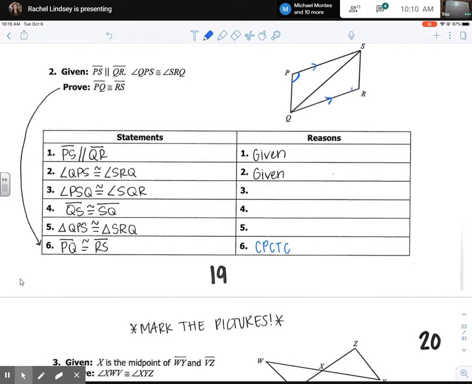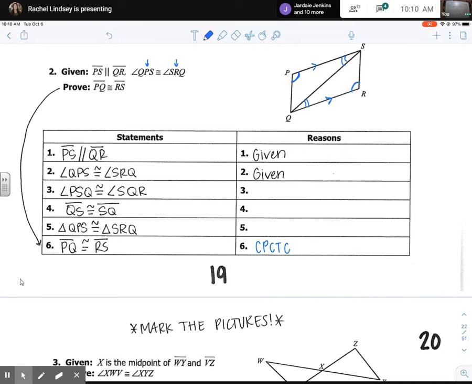So the angle at P and the angle at R. So we're given those two things. Now that next statement says angle PSQ, this angle right here, is congruent to angle SQR, this one right there. How would those two angles be congruent?